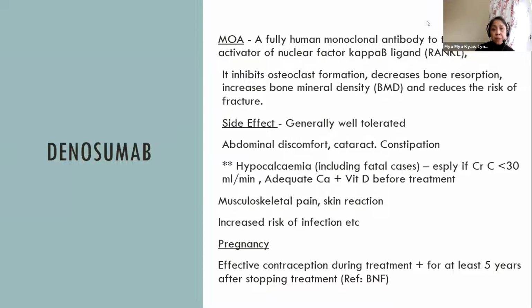So we make sure that we check the adjusted calcium level before starting the medication, and make sure they have a normal vitamin D level. Please treat the vitamin D aggressively if you want to treat the patient with denosumab, and please repeat the blood test 2 weeks after the treatment. I think all of this is in the shared care guidelines, which is given by our department. Denosumab is not safe in pregnancy.